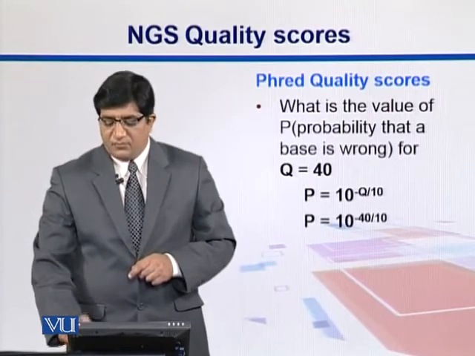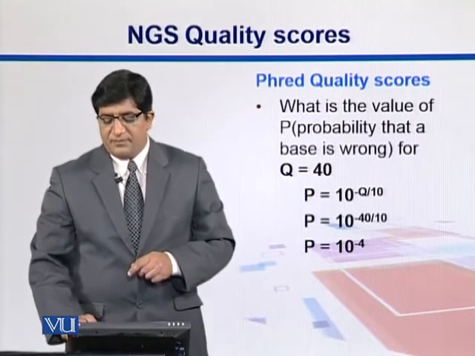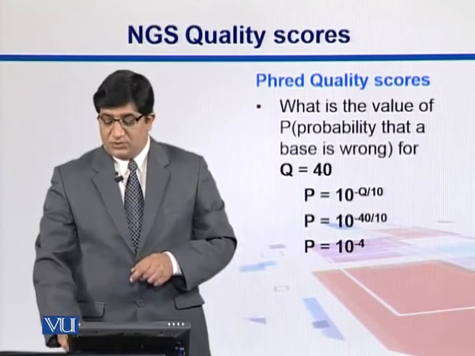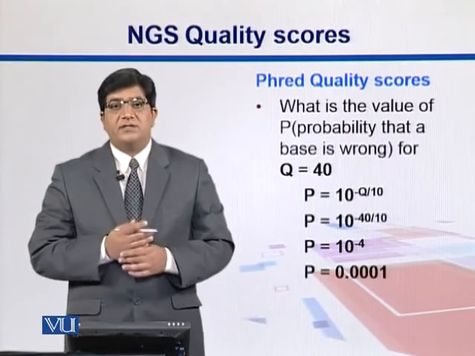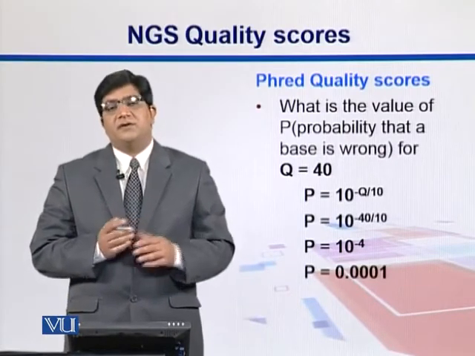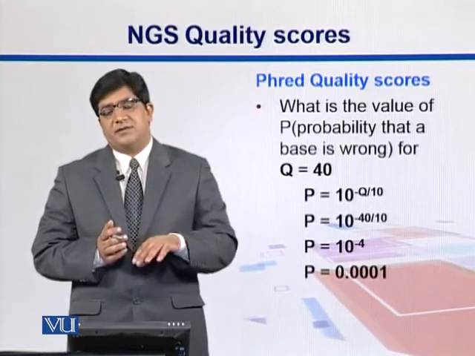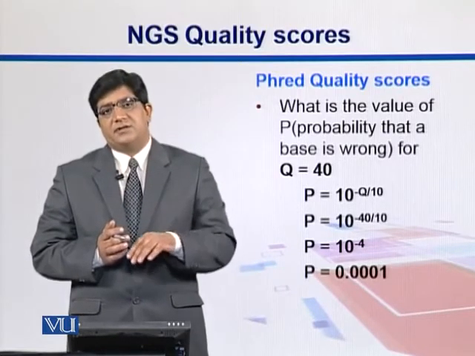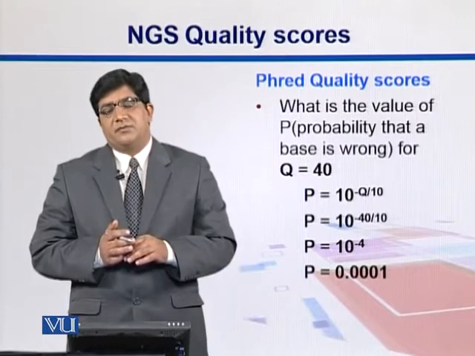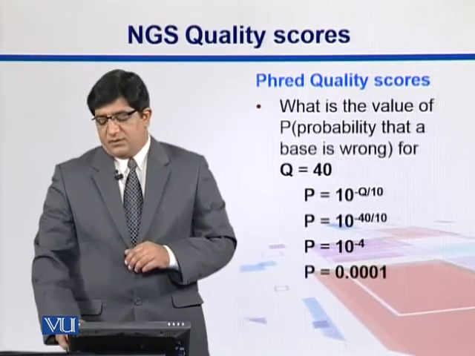We put Q equal to 40 in it and we get P is equal to 10 to the power minus 4. So a Q score of 40 means the probability is 1 out of 10,000 that the base is wrong.